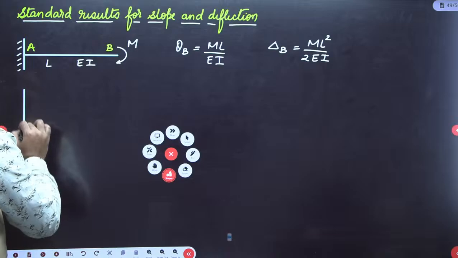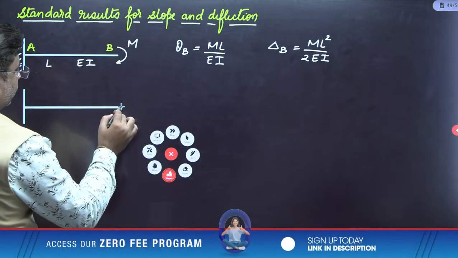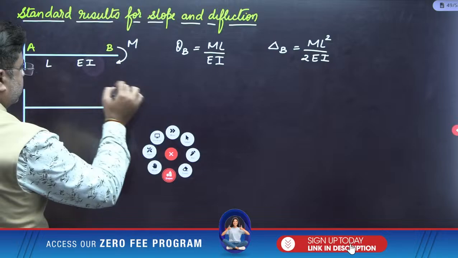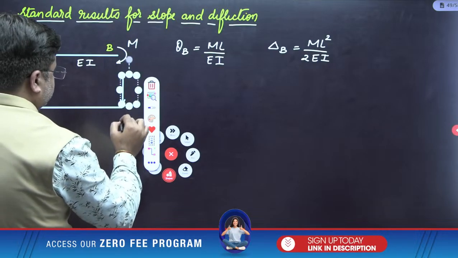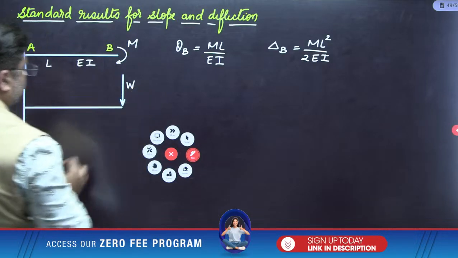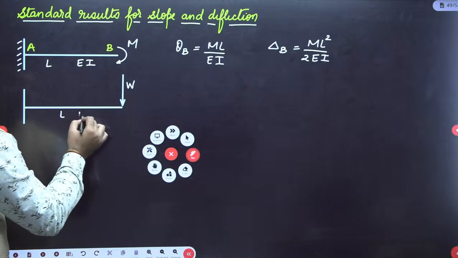Next one is the cantilever beam subjected to point load W at free end. So length is L, flexural rigidity is EI.